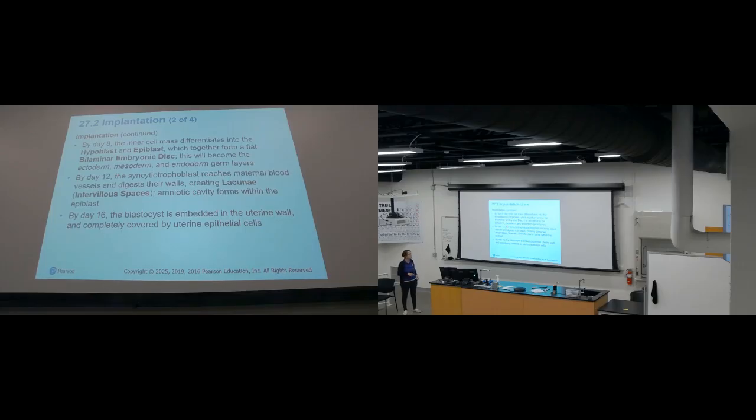It is actually following the blood vessels, this syncytial trophoblast. And then with these digestive enzymes that these cells have, they will form intervillous spaces around the blood vessel that are known as lacunae.